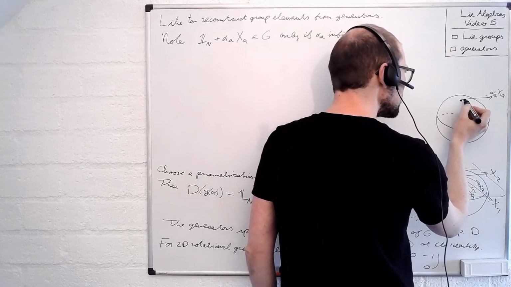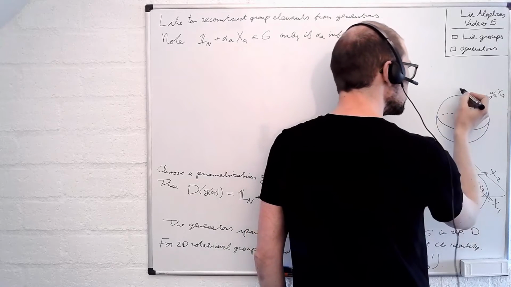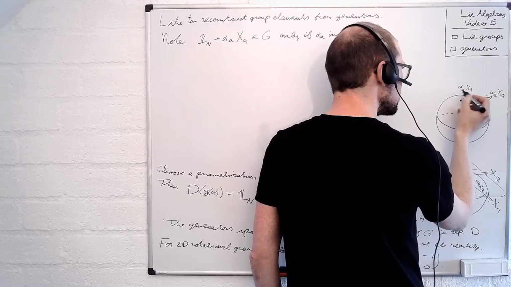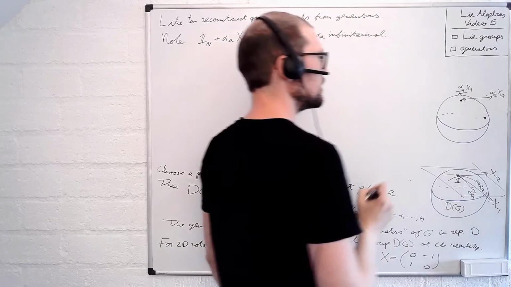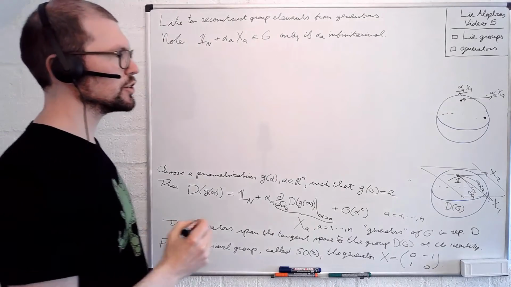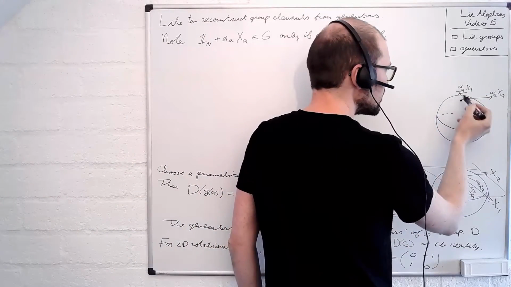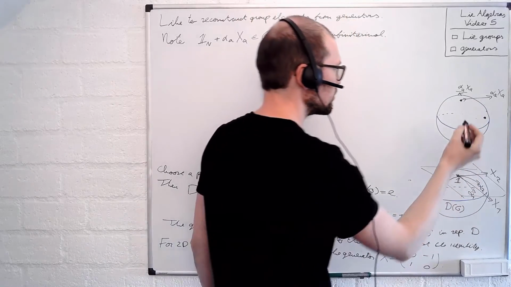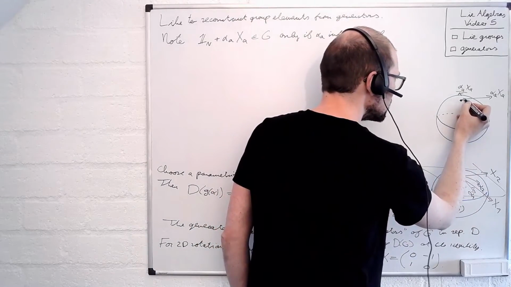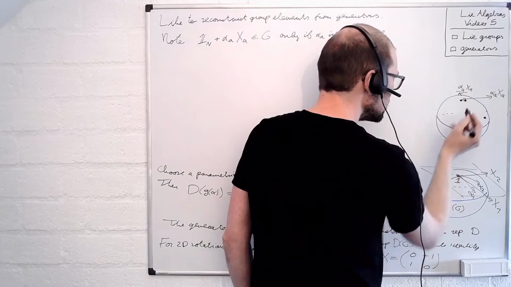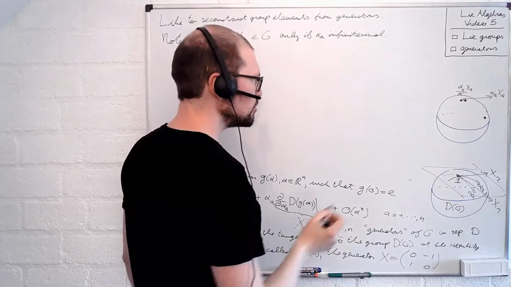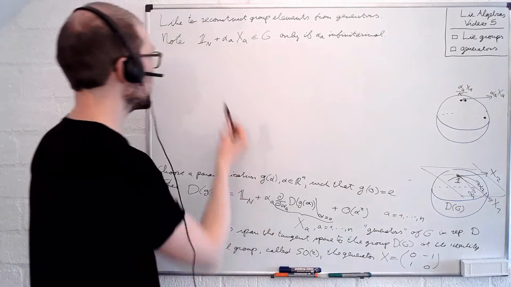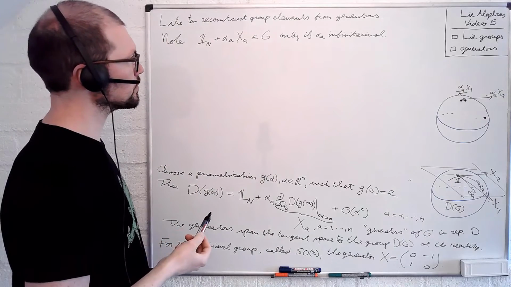If I look at a much shorter generator, say alpha A XA over K, where K is very large, then certainly this element is going to be very small, close to infinitesimal, when I take K to be very large. So there will be an element in the group that is very close to this generator when I add the identity matrix.